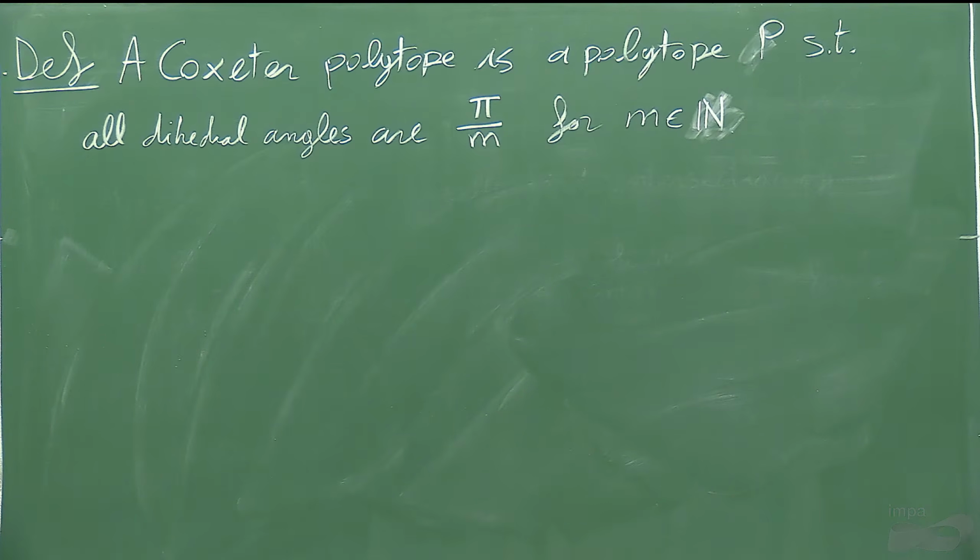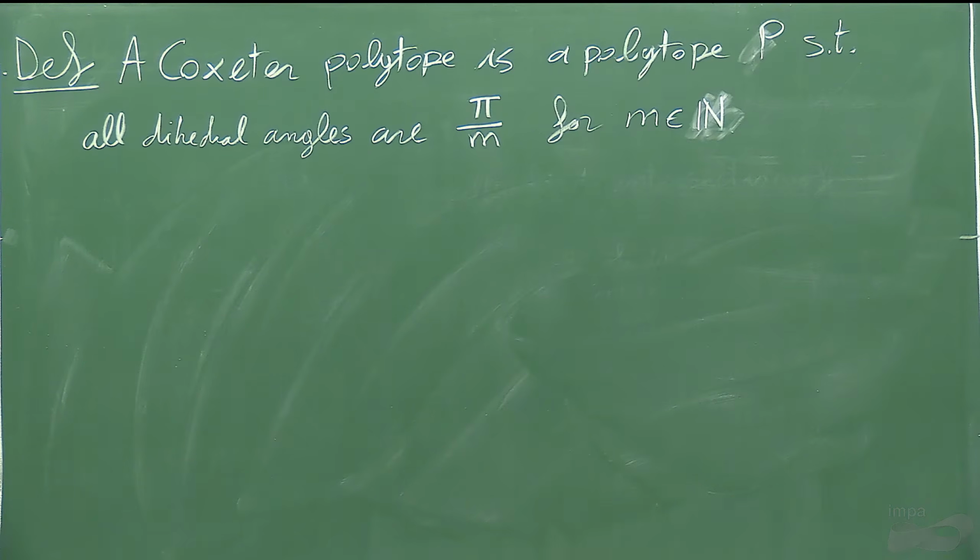In particular, Coxeter polytopes are not going to exist always, and in fact, when the dimension is high enough, they don't exist at all. If there exists a polytope with given dihedral angles, is it unique up to scale?